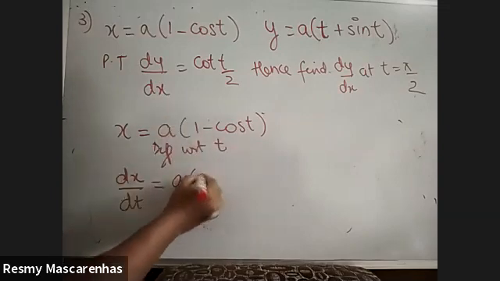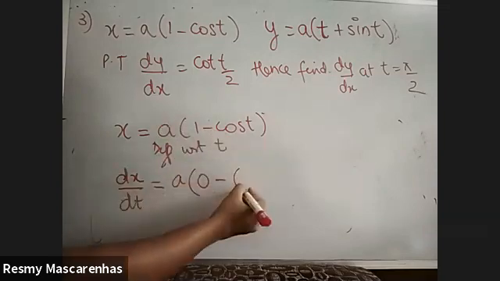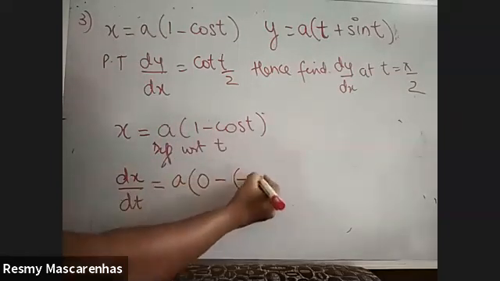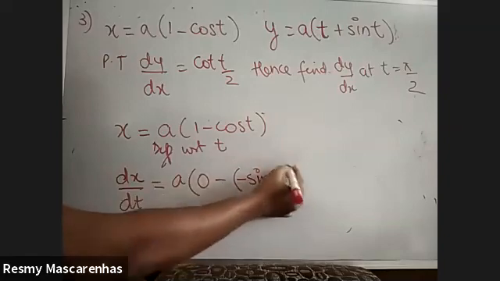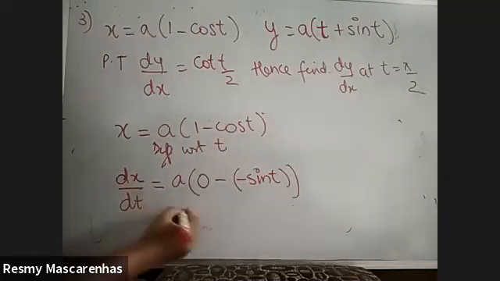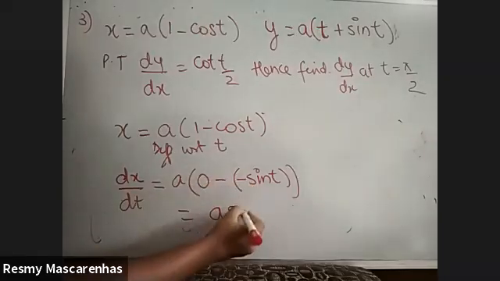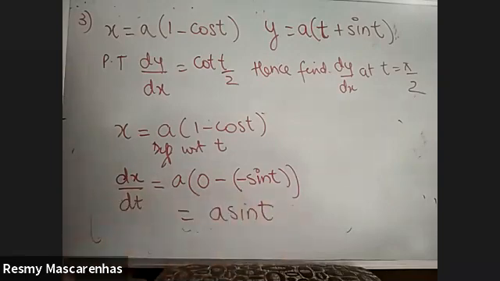Derivative of 1 will be 0. Minus is already there. Derivative of cos is minus sine. So the answer will be minus into minus will become plus, a sin t. So this is dx upon dt.